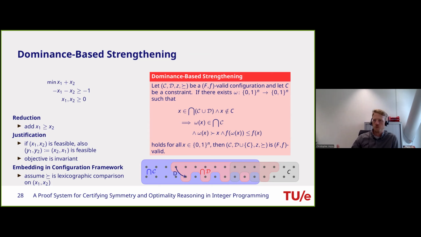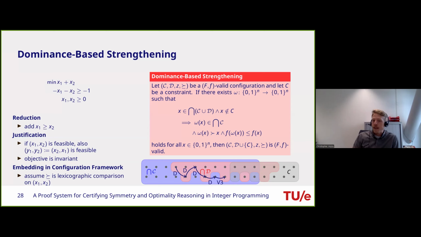So I make a step to the right, and now I still don't satisfy the new constraint C, but I can iterate this scheme until I eventually hit a solution that does not satisfy the derived constraints anymore. But then I can use the property V3 from the certificate that says for every solution that satisfies the core constraints, I also find a solution that satisfies the core and the derived constraints, and which does not get worse with respect to the comparison, the pre-order.